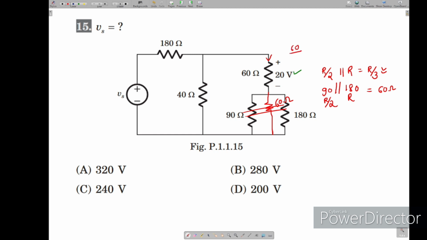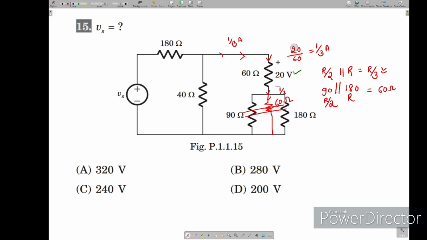Here it is 20 by 60, which means 1 by 3 amps. So 1 by 3 amps is coming this way, and in the 60 ohm also 1 by 3 amps is going.